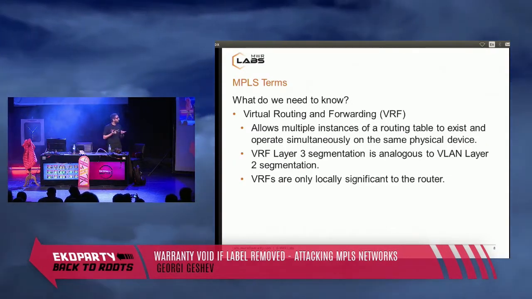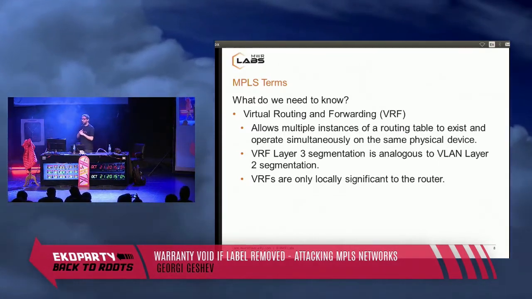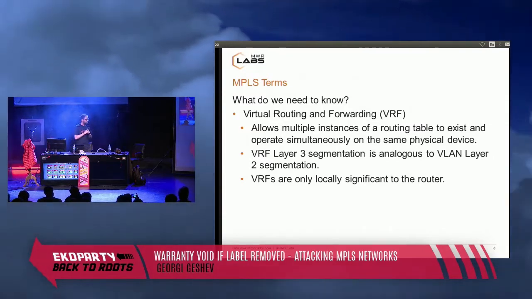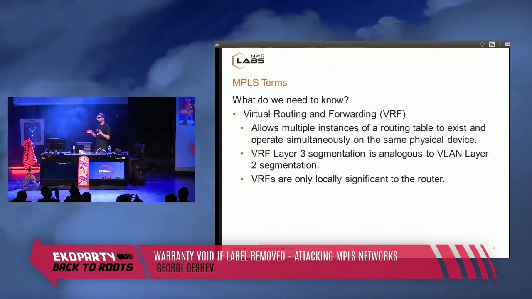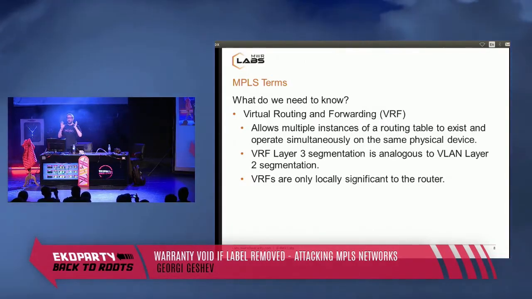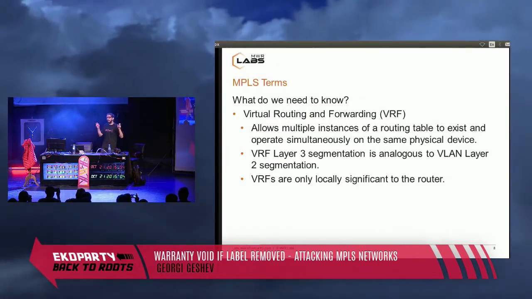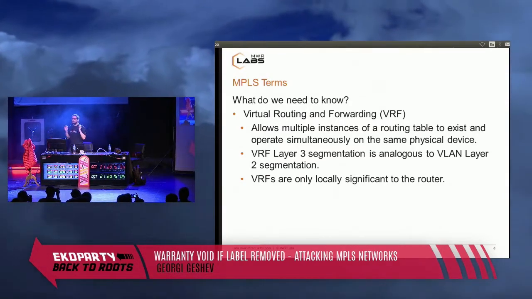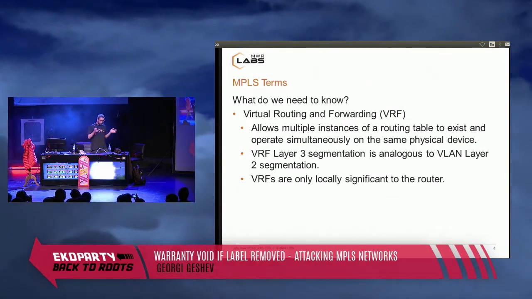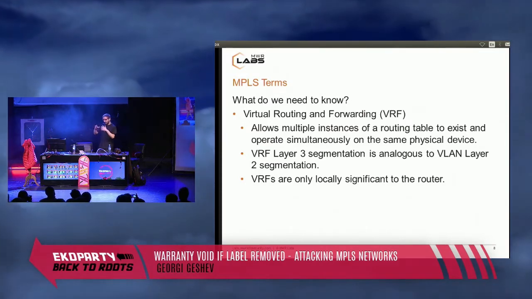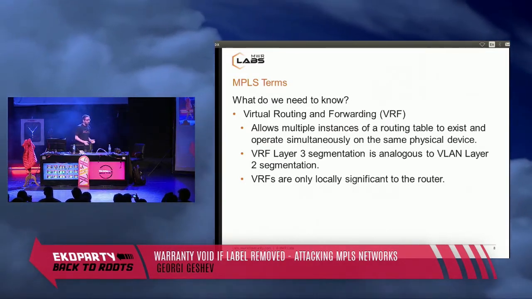An important thing to understand is what VRF is. VRF stands for Virtual Routing and Forwarding. If you're familiar with VLANs, you can think about VRF as a VLAN on layer 3, as opposed to a classic VLAN on layer 2. So VRFs allow for having virtualized instances of a router within the router itself. So basically, you have a number of instances of a routing table.